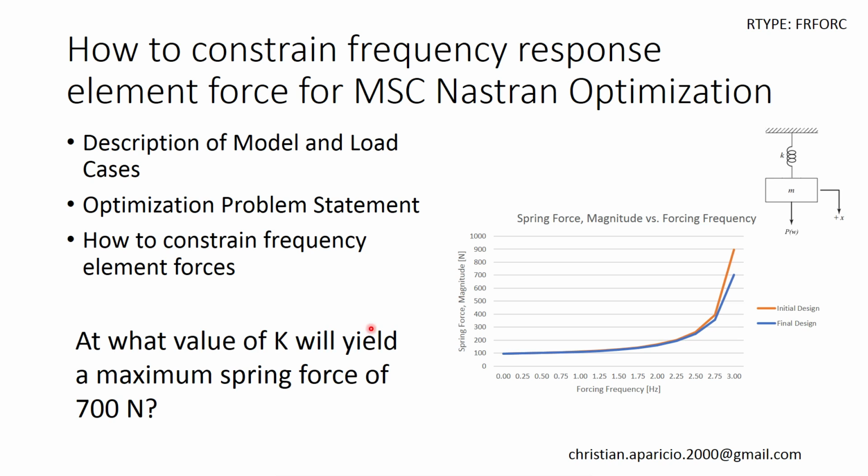The question we're looking to answer is, what value of the stiffness of the spring will produce a maximum spring force of 700 newtons? So that, in effect, we're trying to minimize the maximum spring force that you see here from 900 newtons to 700 newtons. Here in blue is what our final design is.